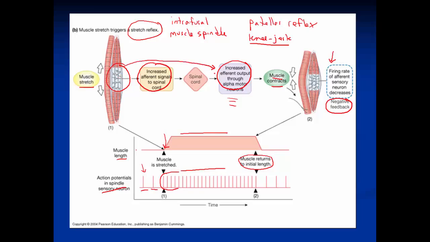Yep, alpha motor neurons increase in activity, and I get muscular contraction. Okay, so I hit that patellar tendon. That actually stretches these intrafusal fibers, the muscle spindle, in the quads. Those quads then contract and cause your leg to extend.